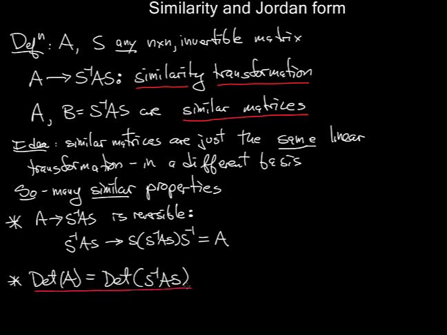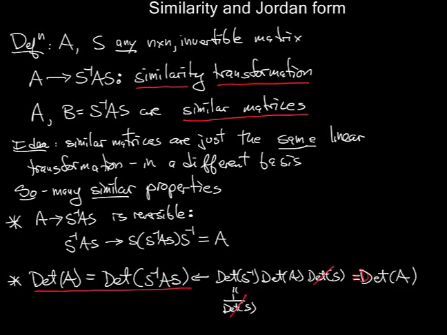The determinant of A and the determinant of S inverse AS are the same. We've seen this in the diagonalization process, but it's quite general because the determinant of S inverse AS is the determinant of S inverse times the determinant of A times the determinant of S, and the first and last terms cancel, and you just get the determinant of A. So it's got nothing to do with diagonalization, it's just a property of similarity transformations.